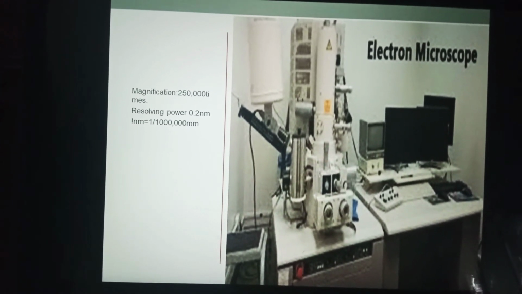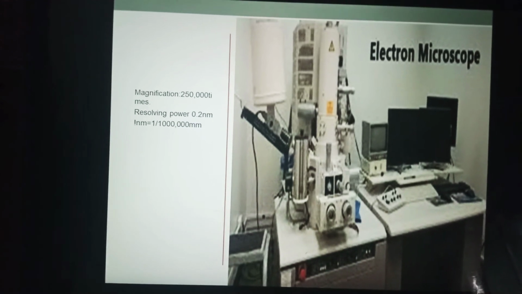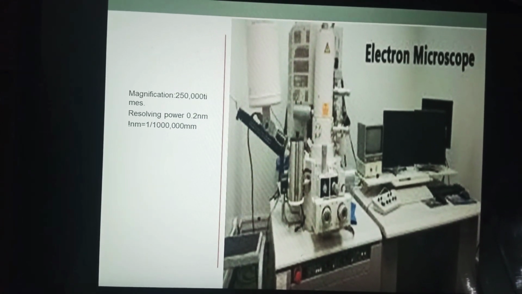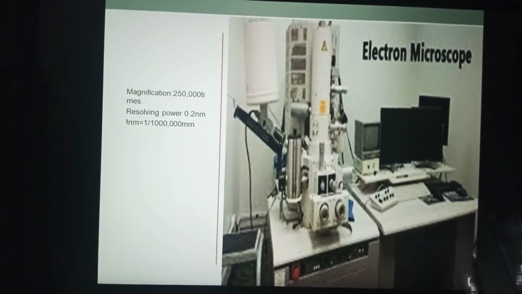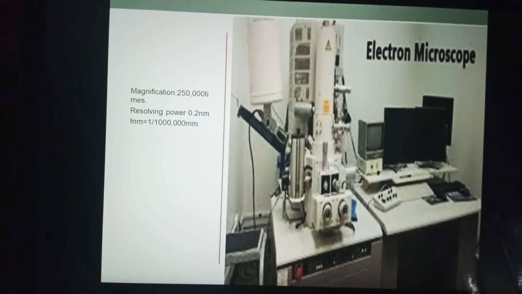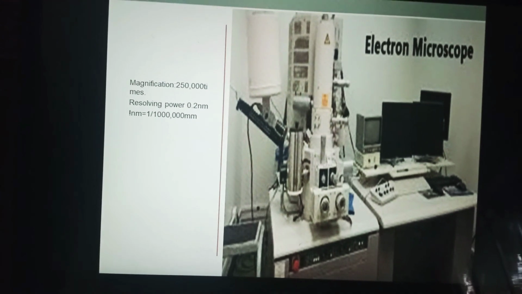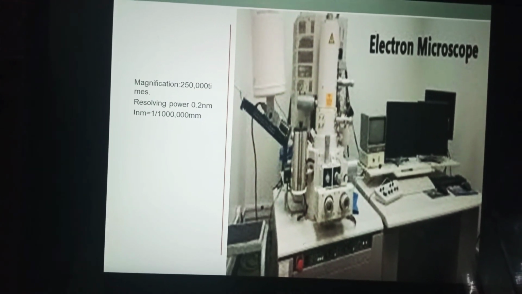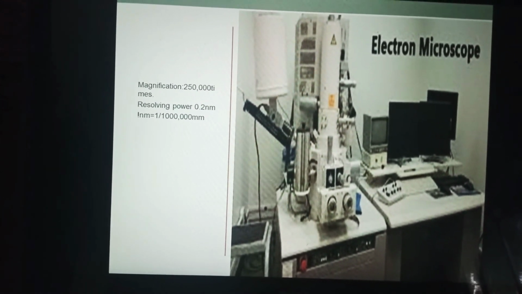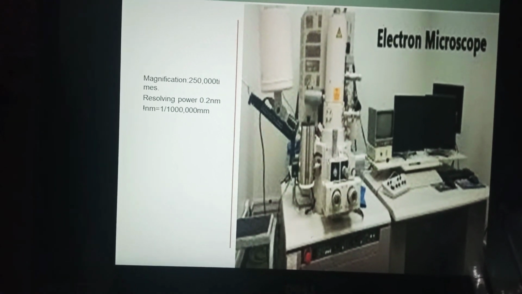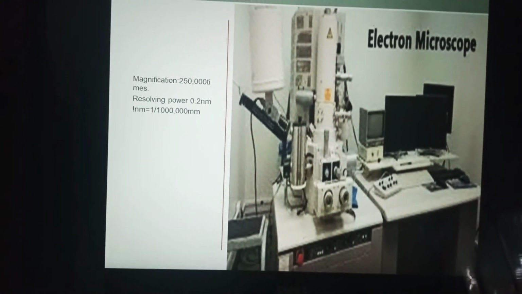The electron microscope can magnify objects about 250,000 times. Under special conditions, the electron microscope can detect individual atoms, cells, organelles, and even molecules like DNA and proteins, which are much larger than single atoms.